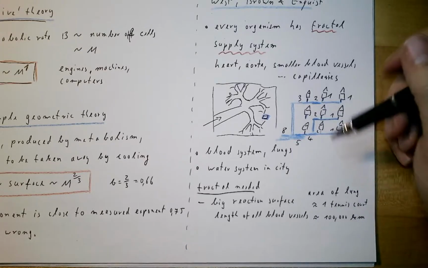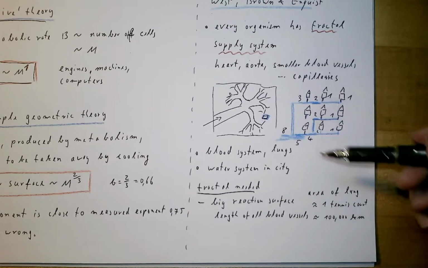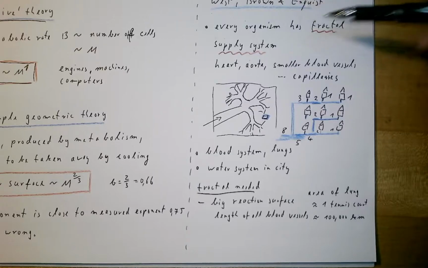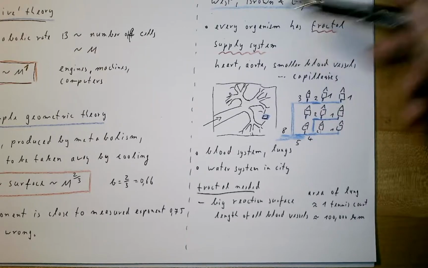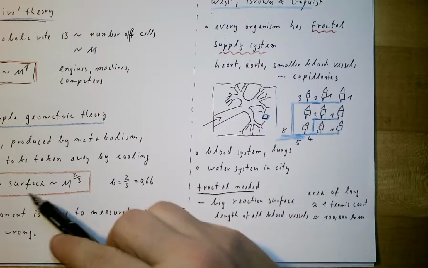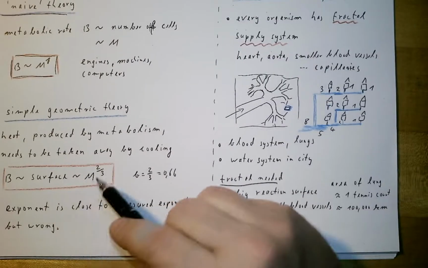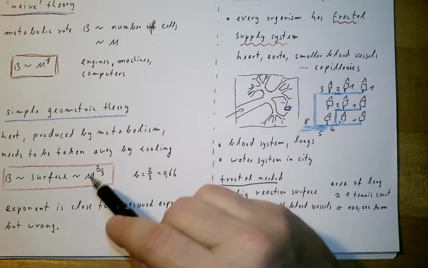And now the idea is, according to this theory, the metabolic rate is determined by a surface, but not the outer surface of the elephant, like you saw the big elephants that need big ears to cool the body.